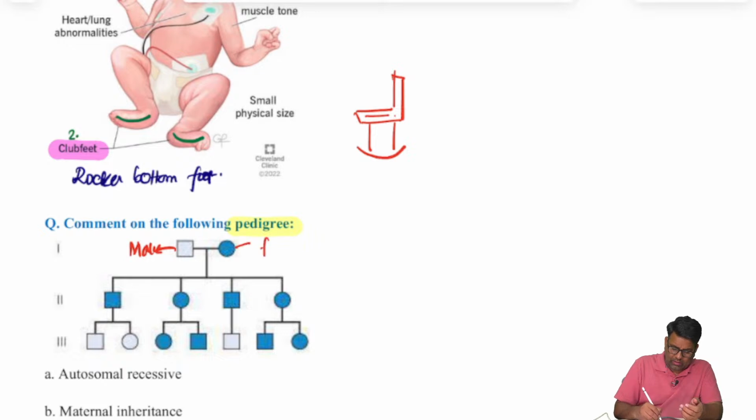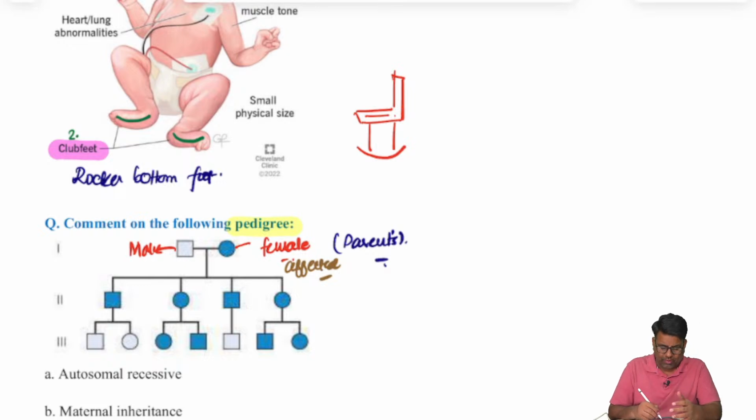And you can see these are the parents here, and the female is affected. It is colored, so female is affected.